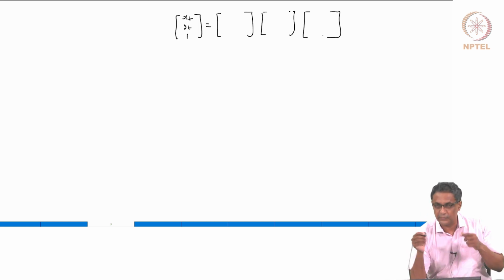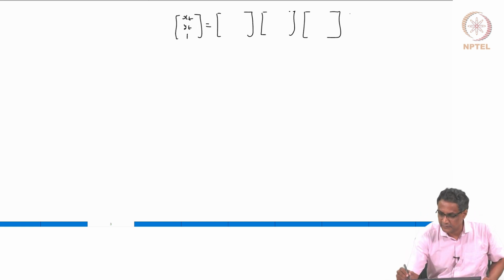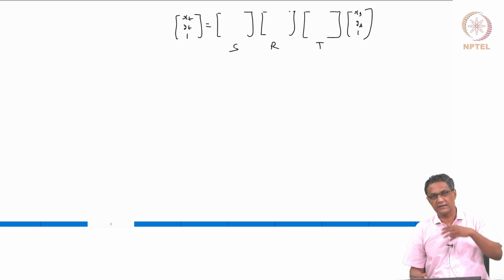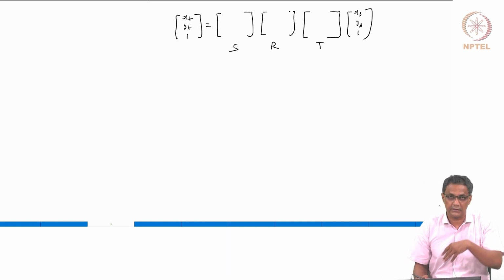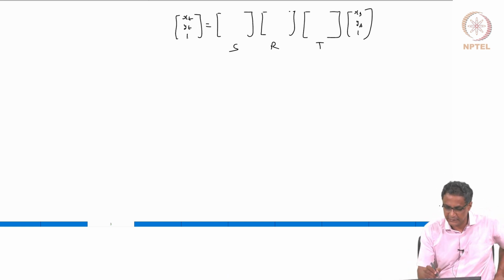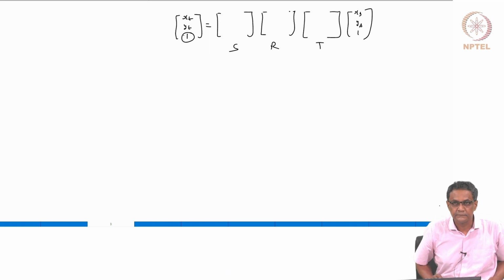It depends upon what you're applying first. So if this is your xs ys 1, and you say this translation, this rotation and this scaling, then it means that you're first applying a translation on xs ys, followed by a rotation, followed by a scaling, right. And this last coordinate you have to watch out for. It depends upon what's happening on this right hand side.